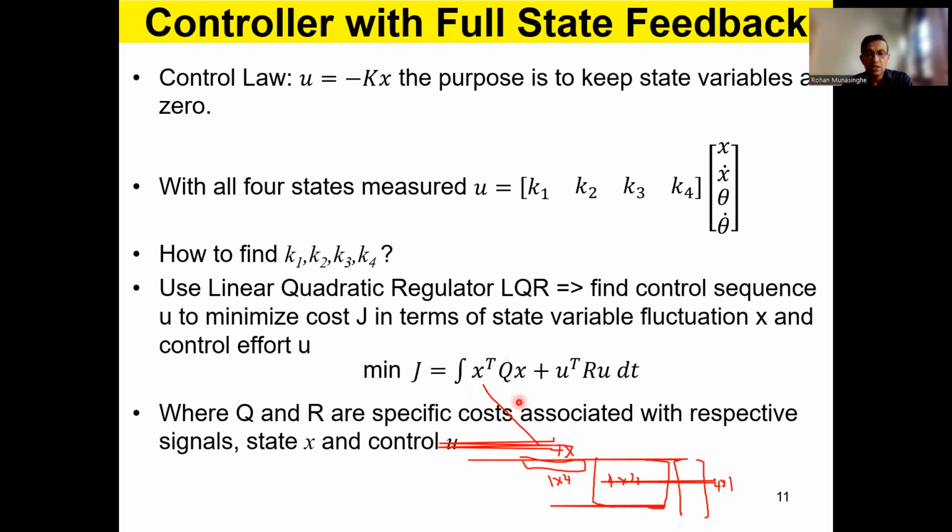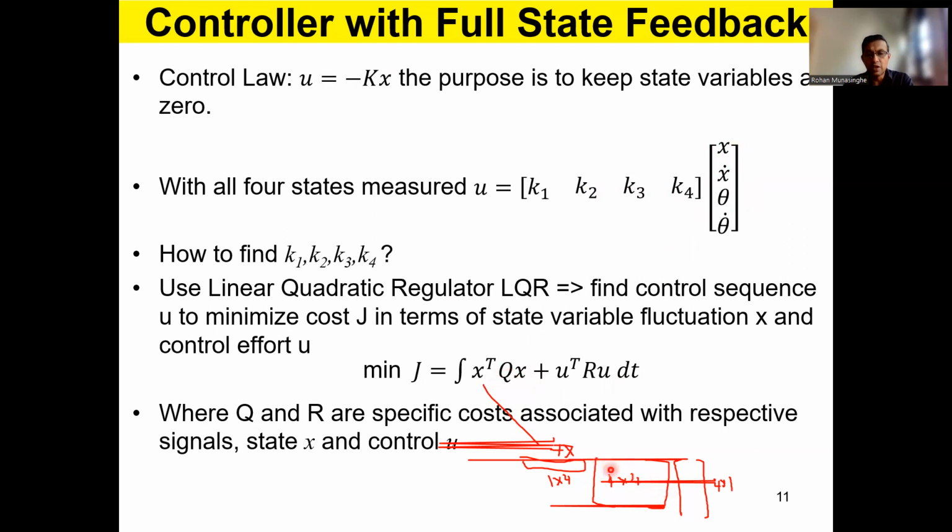So eventually this will have x square, x dot square, theta dot square. It is the square sum of the states, also multiplied with some gains.